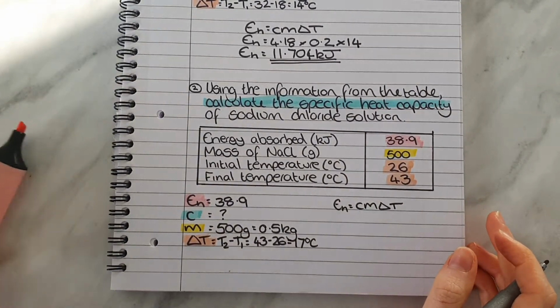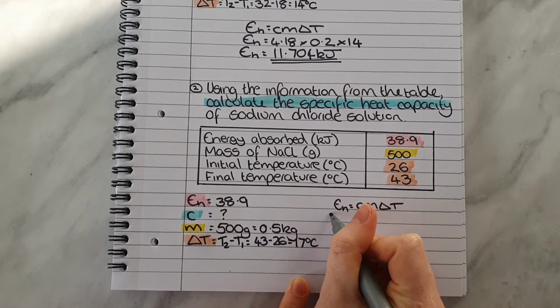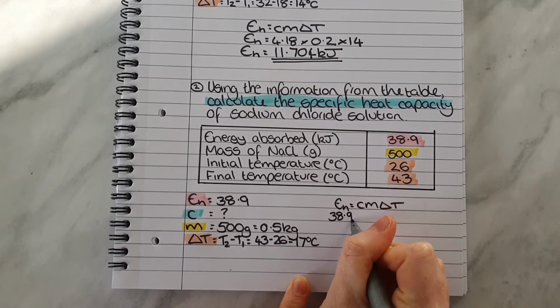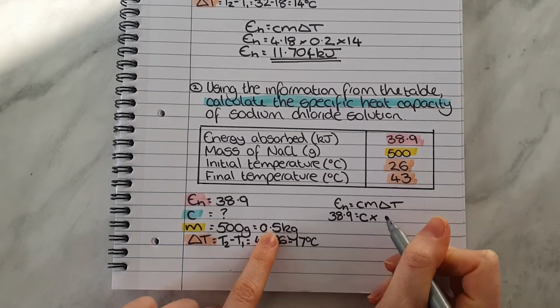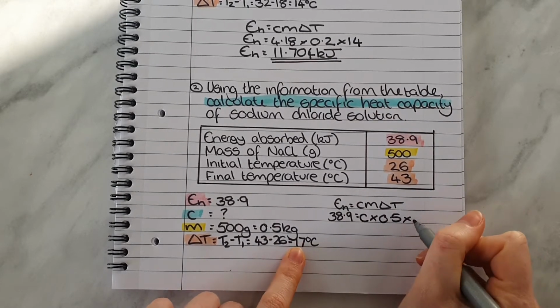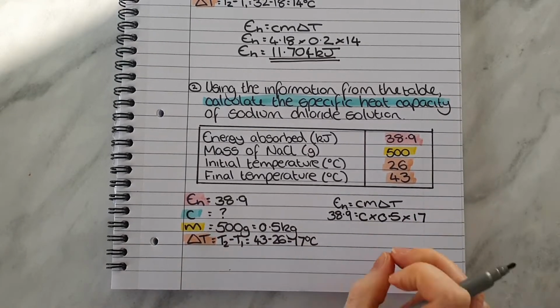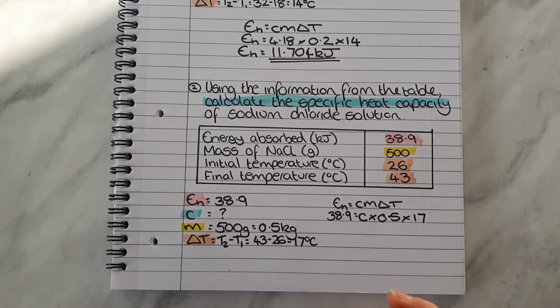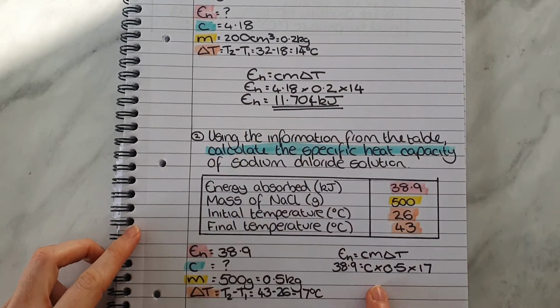I like to just put in the numbers I have and then deal with them after. So energy is 38.9. C is what I want, so rewrite. M is 0.5. Delta T is 17. So we want C, and it's not on its own like the energy was up here. You're going to have to fix that.